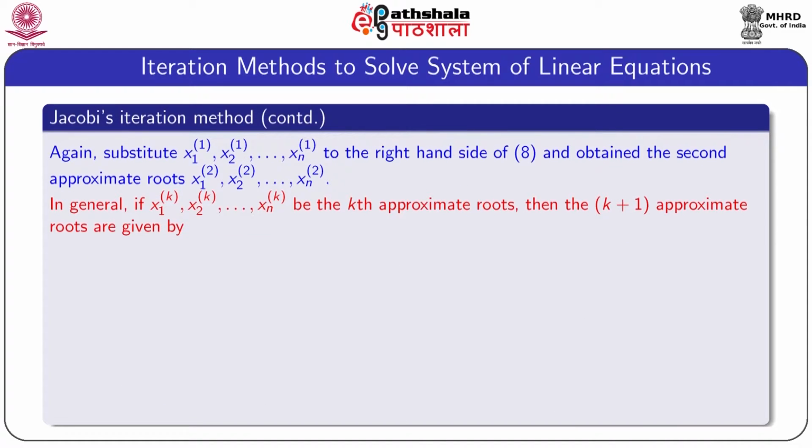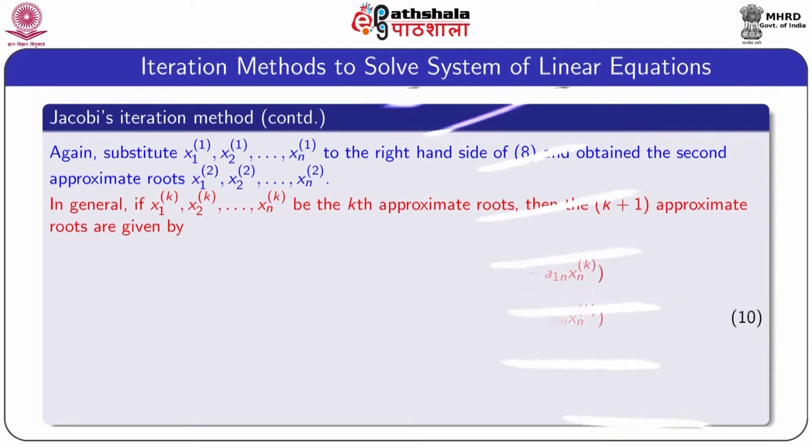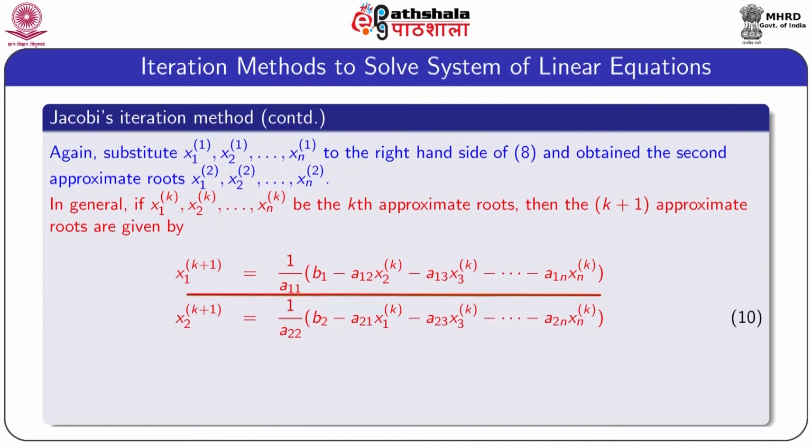In general, if x1^k, x2^k, ..., xn^k are the kth approximate roots, then the (k+1)th approximate roots are given by the following system of equations. The first equation is x1^(k+1) equal to 1 by a11 into (b1 minus a12 x2^k minus a13 x3^k minus ... minus a1n xn^k).